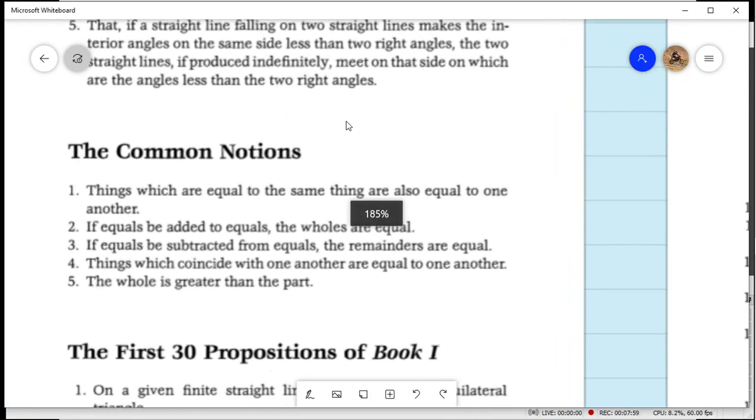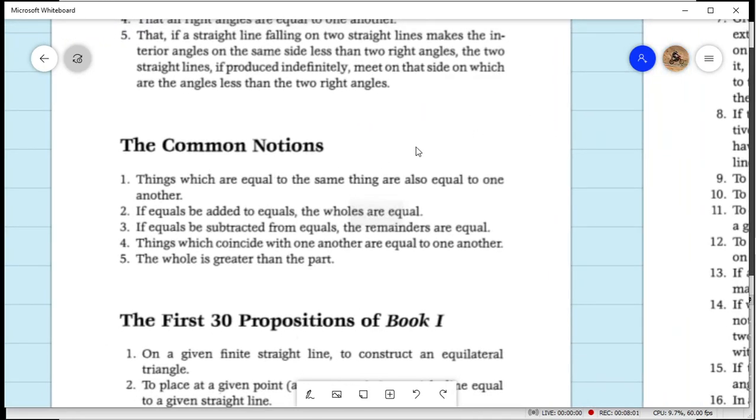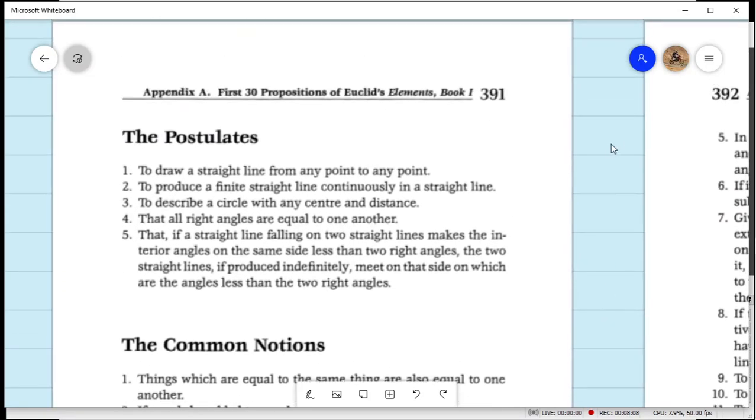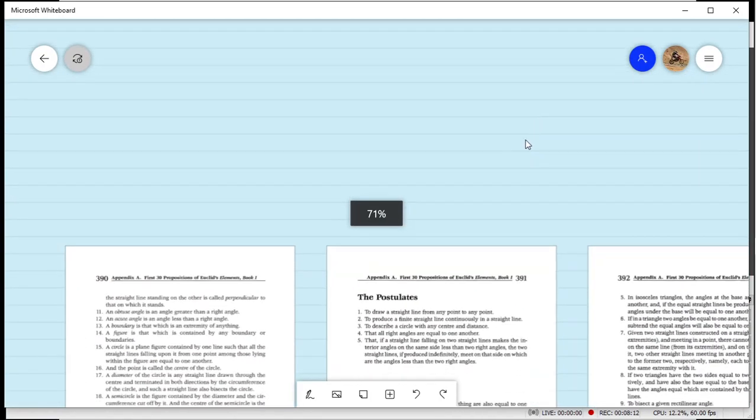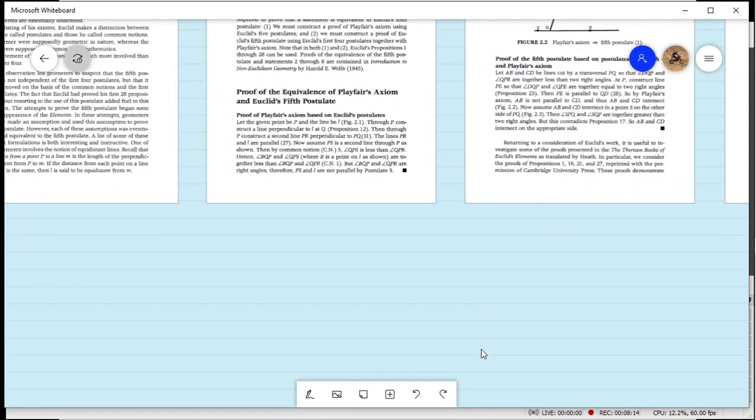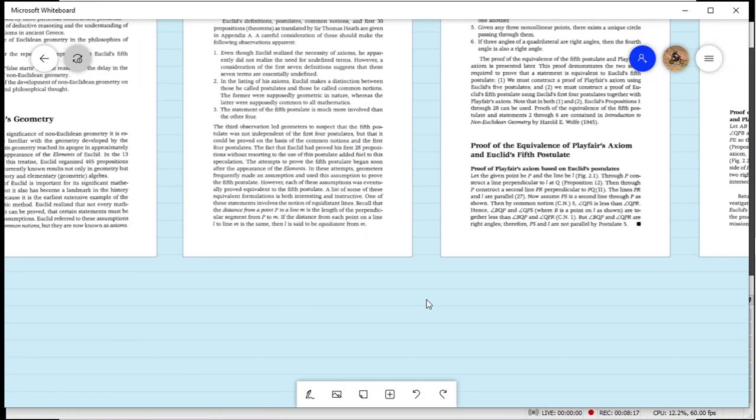The postulates are geometric in nature. So there are 10, all in all, axioms in Euclid's geometry. So that is the second observation. Third, the most important observation.